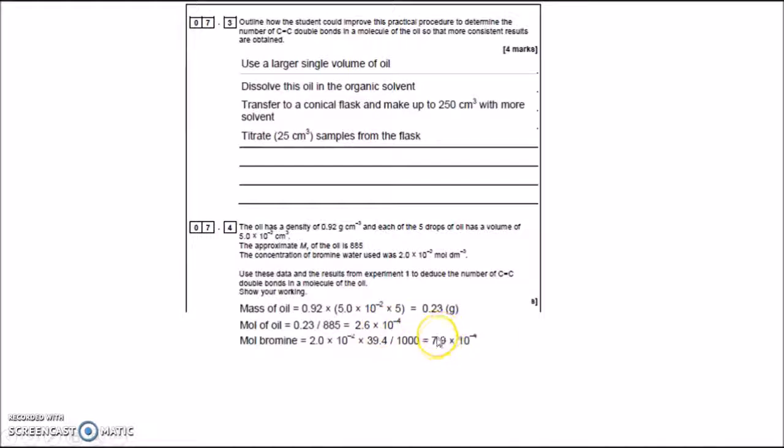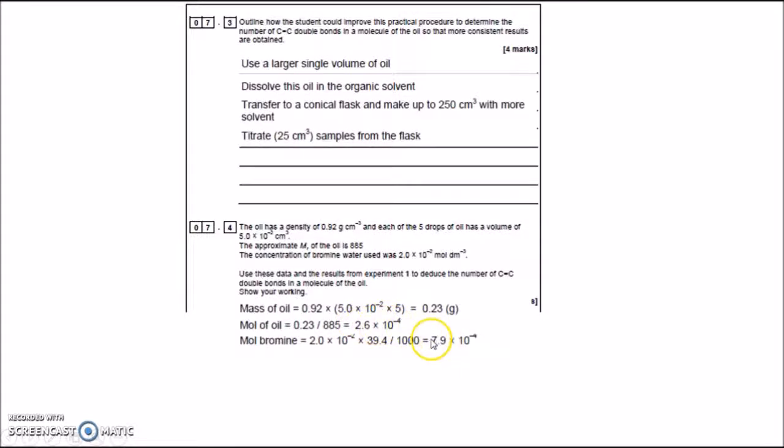But it looks like I'm needing a lot more bromine water, 7.9 times 10 to the minus 4, compared to 2.6 times 10 to the minus 4. That means there's not 1 mole of carbon-to-carbon double bonds in there.